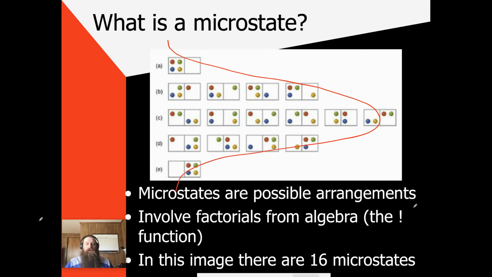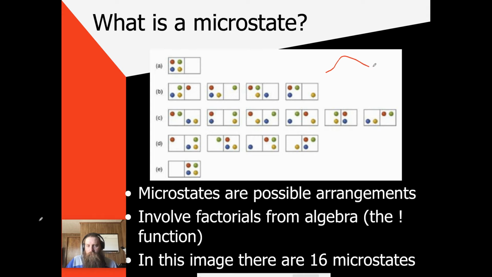We see that there are more possible arrangements in C than anywhere else. So if you were to randomly sample this four particle system, the most likely thing for you to find will be C, because it's the most common microstate. So think about a bell curve. That's a terrible bell curve. Let's redraw that.